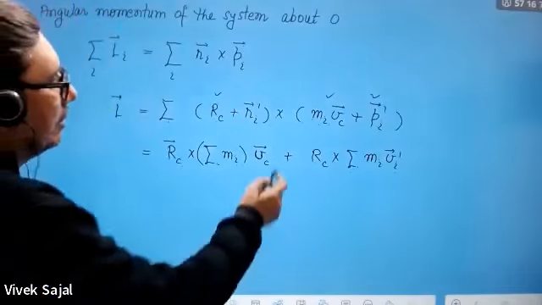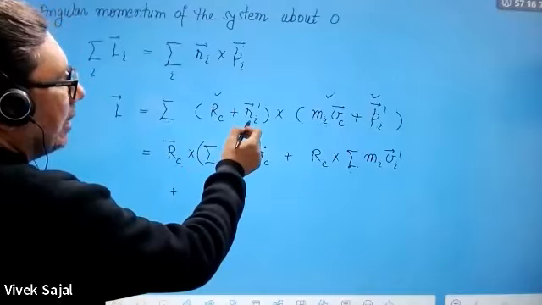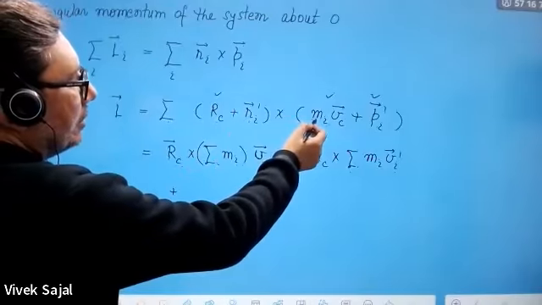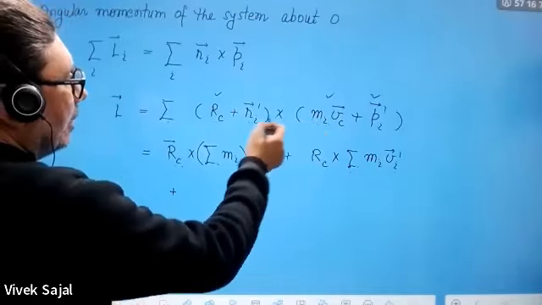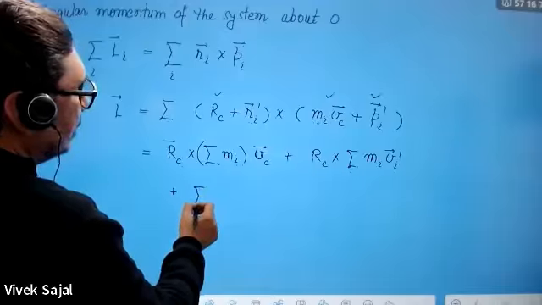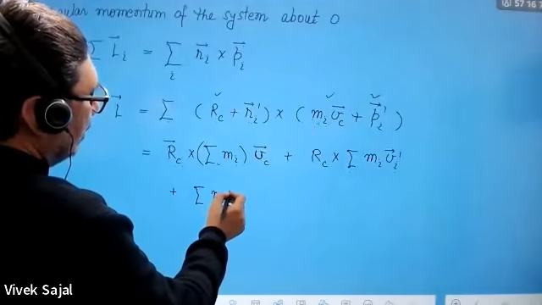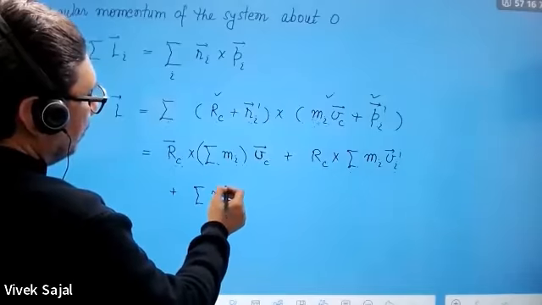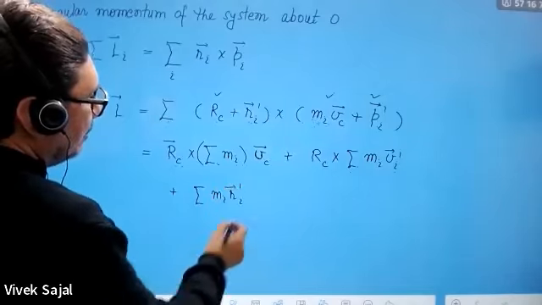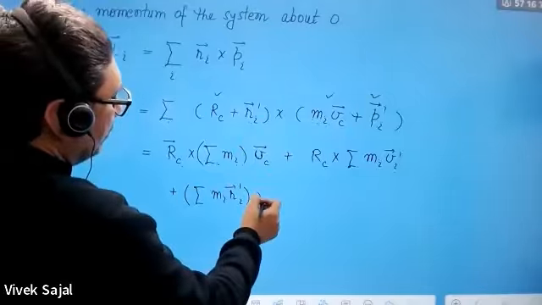Next, take this one. So plus sigma Ri, Mi. Here I can write this as Mi Ri prime, and this cross Vc.